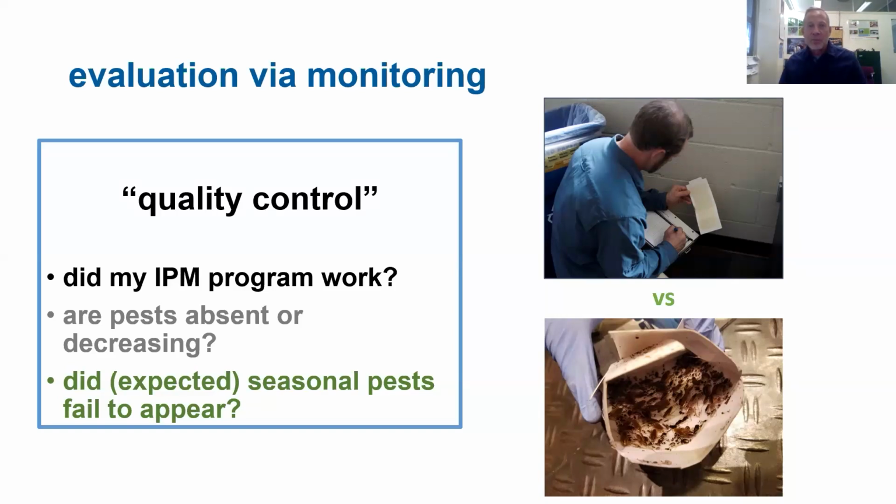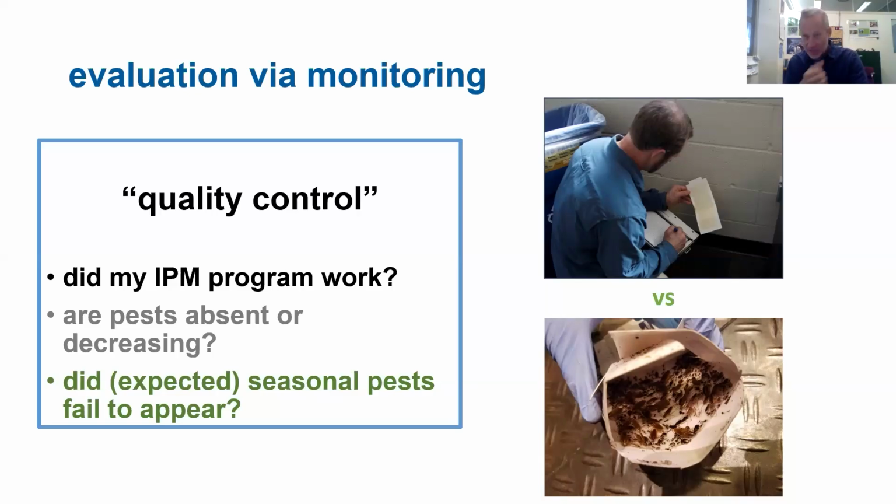If we are monitoring over multiple years, we may know that certain seasons are associated, let's say, with occasional invaders that come in, let's say, in the fall. So maybe we institute some exclusion practices in summer, and then our monitors will tell us, did those exclusion tactics work to keep our seasonal occasional invaders out?